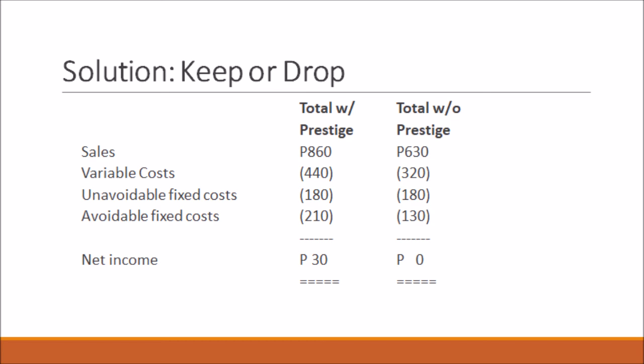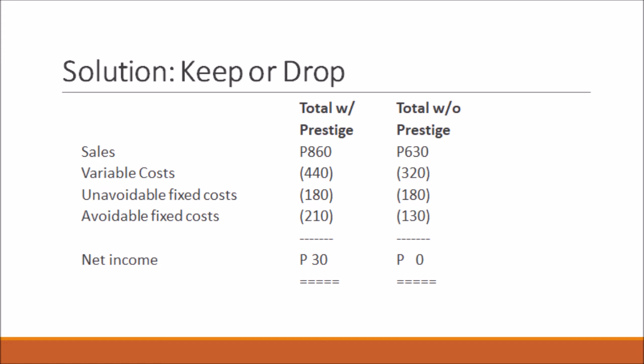Now if we drop the product line of Prestige, we'll get a zero net income, due to the lost contribution margin or lost sales from dropping the Prestige. But if we keep the Prestige despite its negative net income, we will be able to get a total net income of 30 pesos.